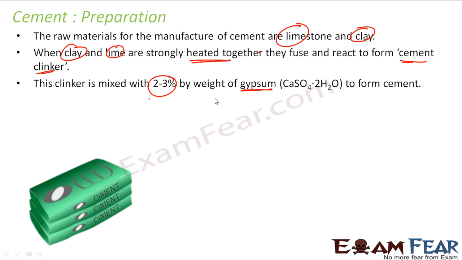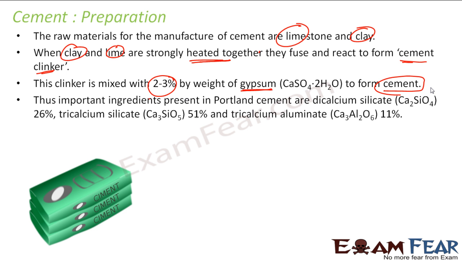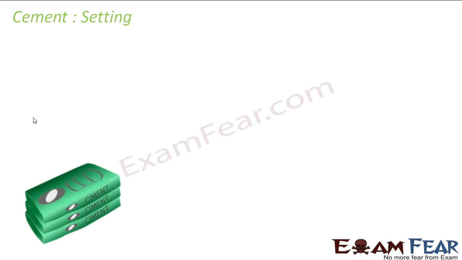For example, I have 100 grams of clinker, I'll mix this with 2 or 3 grams of gypsum to form cement. The important ingredients in cement are dicalcium silicate, tricalcium silicate and tricalcium aluminate.